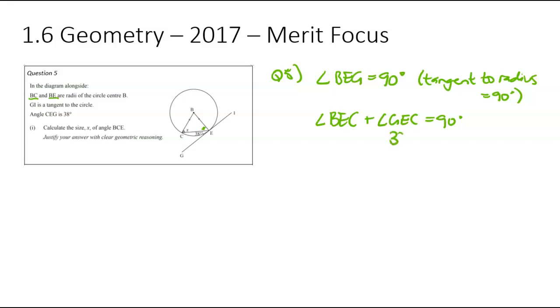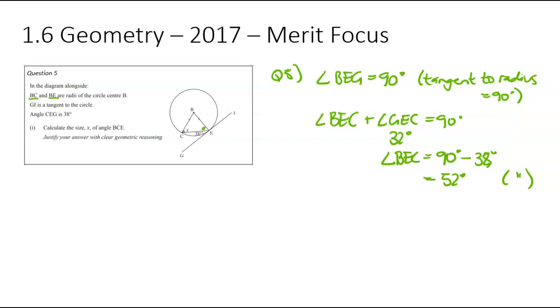So angle BEC, that's going to be 90 degrees minus 38 degrees. And when you put that together, oh gosh, I wrote 32, but that should be 38. That gets us to 52 degrees. And that reasoning was the same as above because we're really relying on that 90-degree relationship from the tangent to the radius to get to that answer.